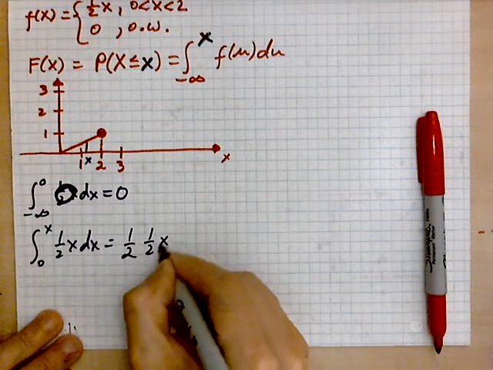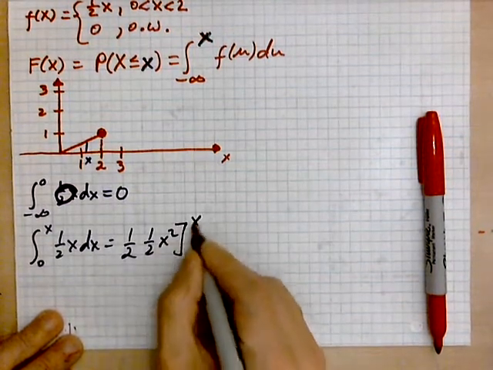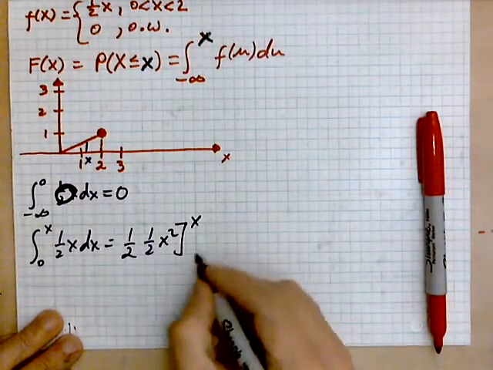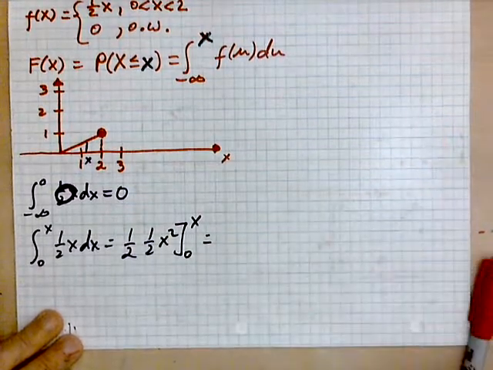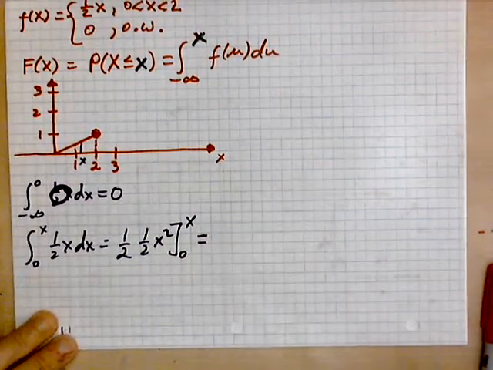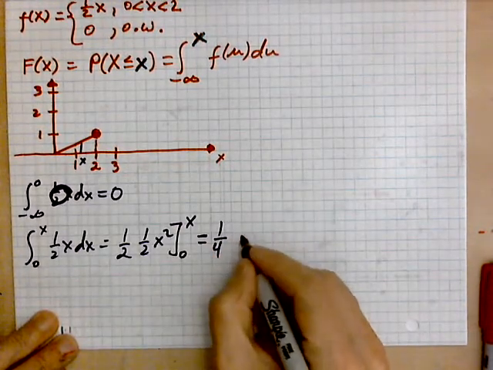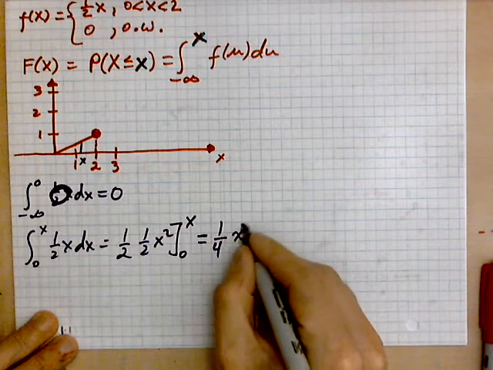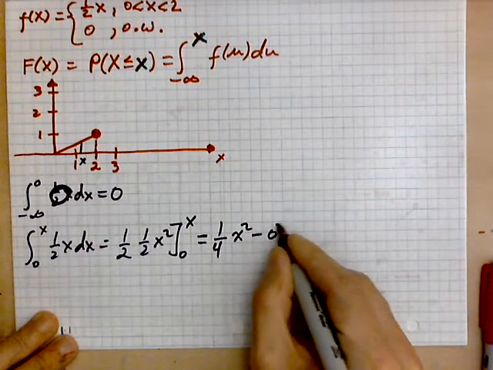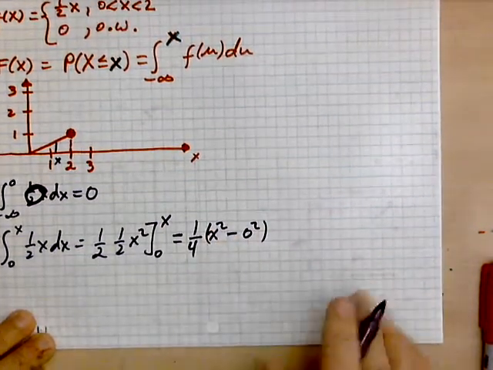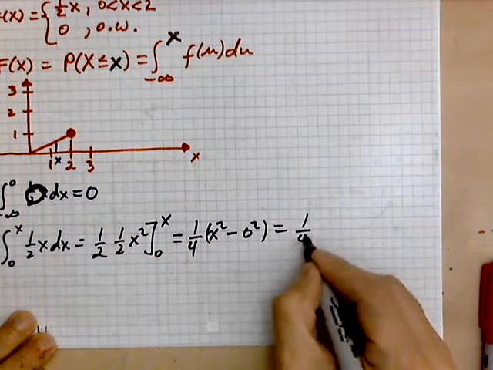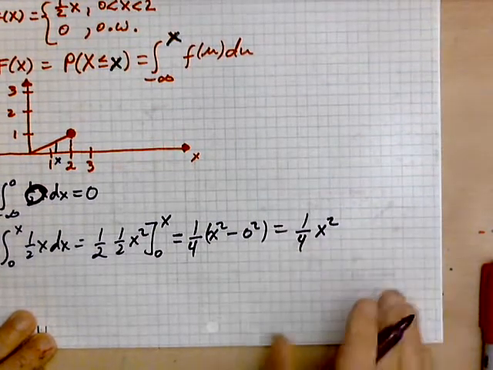So that's 1/2 of x squared between an upper value of x and a lower value of 0. This gives 1/4 of x squared minus 0 squared. So that gives 1/4 of x squared.